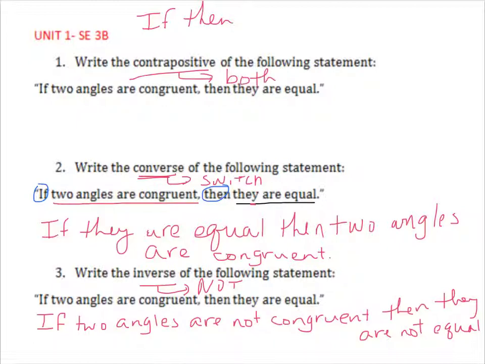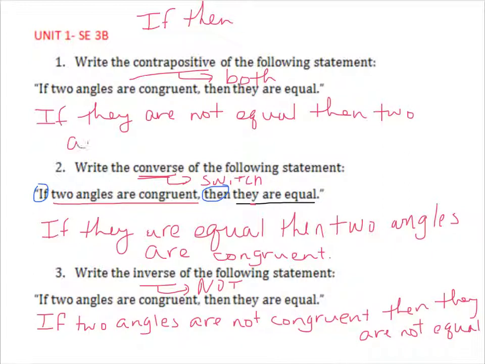We switch them and put the words not. So we get if they are not equal, then two angles are not congruent. Okay, so use this information to do the ones on your paper that resemble them.